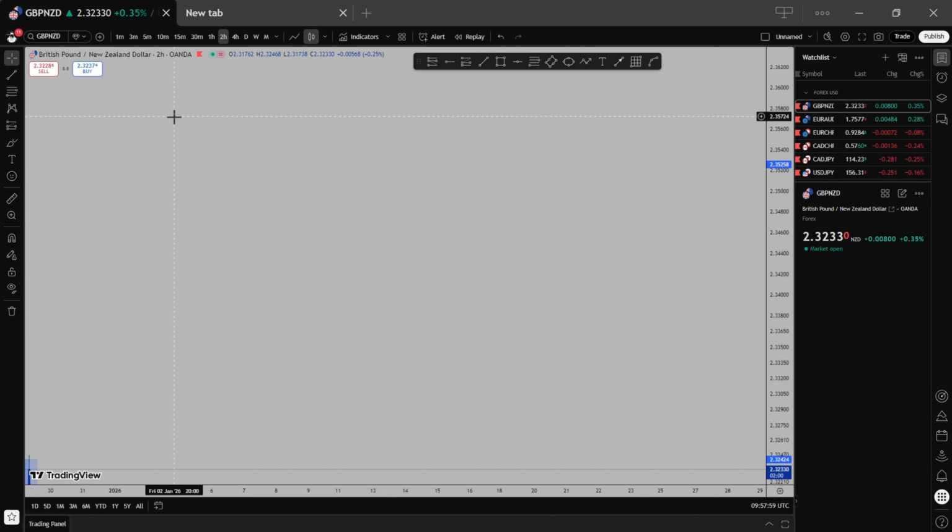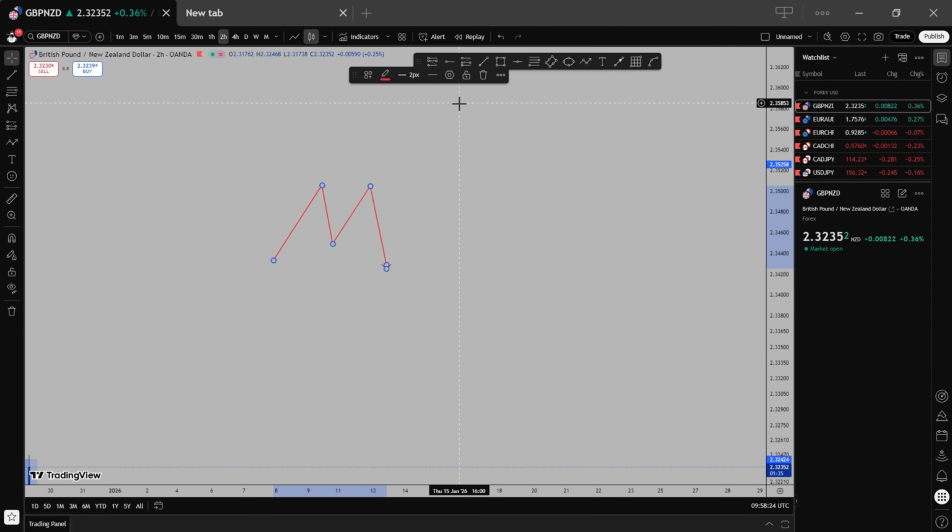In simple terms, liquidity just means money. It's where the money is. It's where the institutional traders drop the money and everything. So basically, when you think of liquidity, you think of the normal double tops like they taught us in basic chart trading, where you see the double top, that is liquidity.